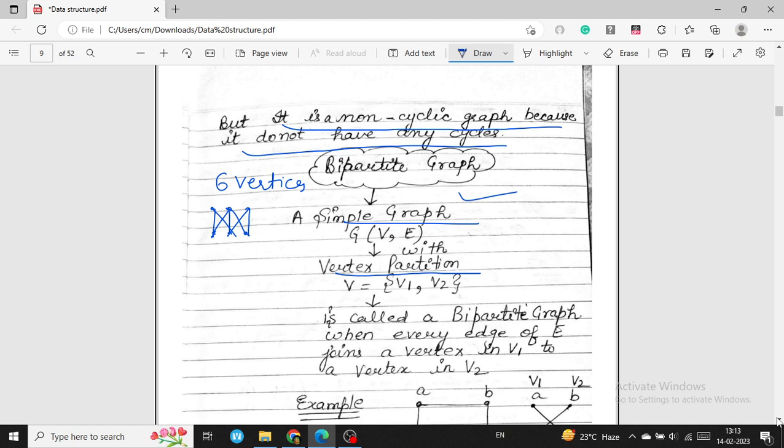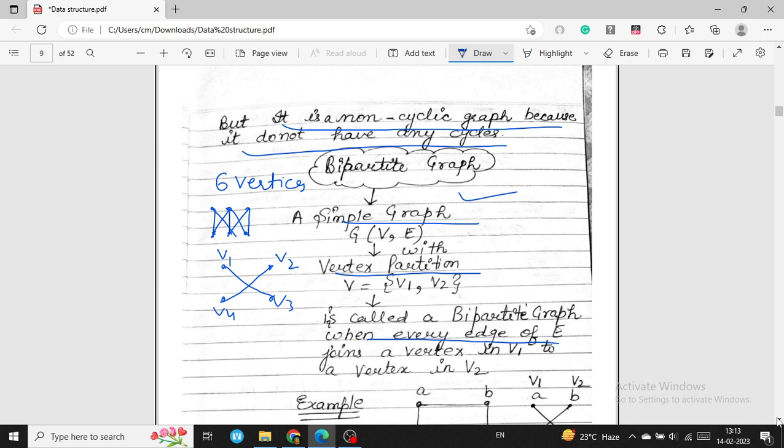And in a bipartite graph, for example, we have these 4 vertices: vertex 1, vertex 2, vertex 3, vertex 4, and we connect vertex 1 with vertex 3 and vertex 2 with vertex 4.